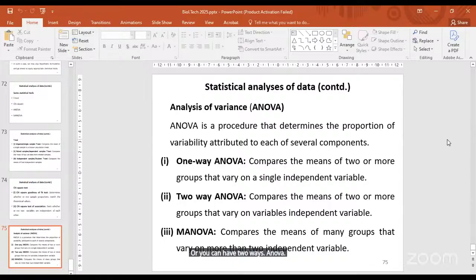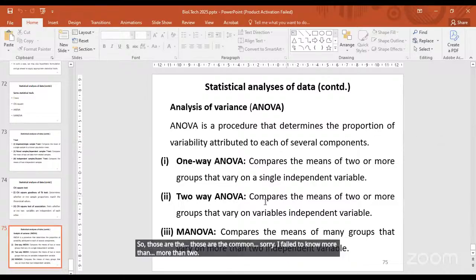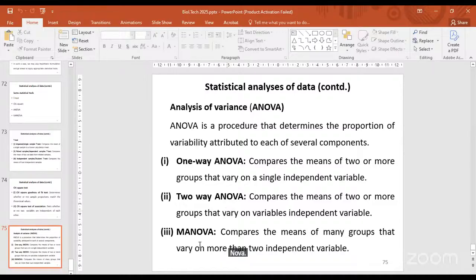Sorry, I said two, no, more than two variables. So we have ANOVA, one-way ANOVA, two-way ANOVA, and then we have MANOVA.